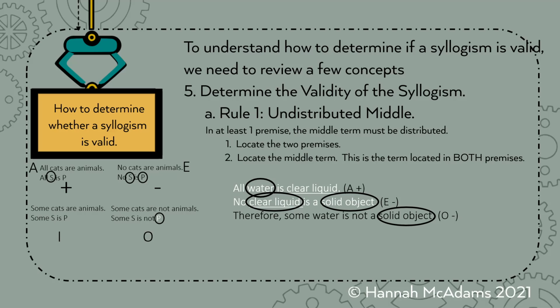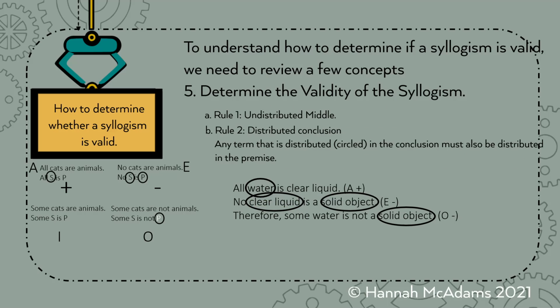At least one of those underlined words needs to be circled, and it's circled in the premise, no clear liquid is a solid object. The circled words, remember, are the distributed words. So it is following that. Clear liquid is circled there, so we're good.